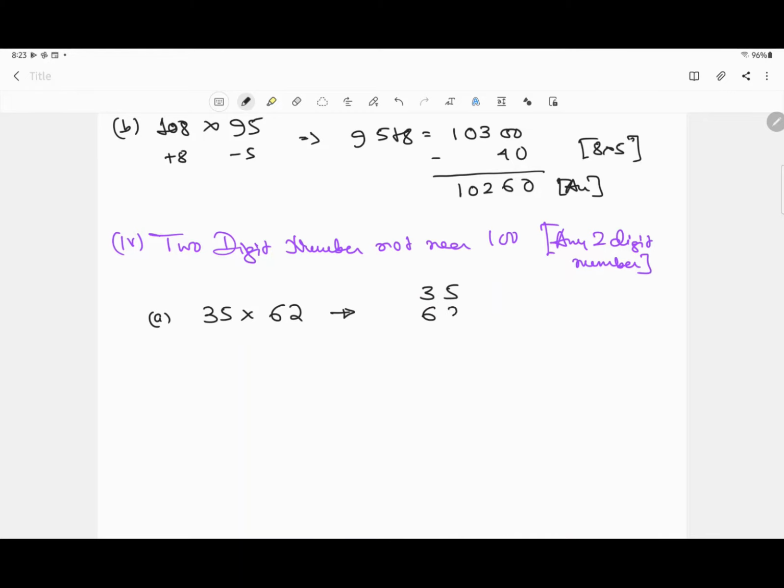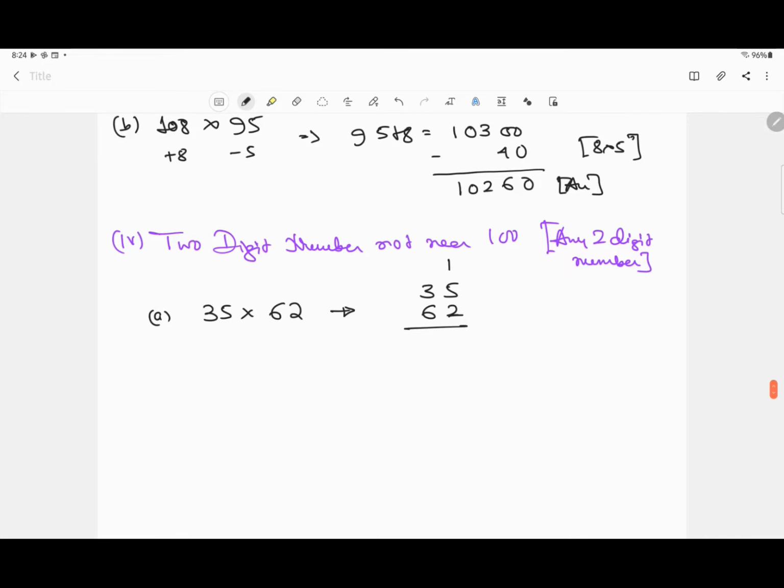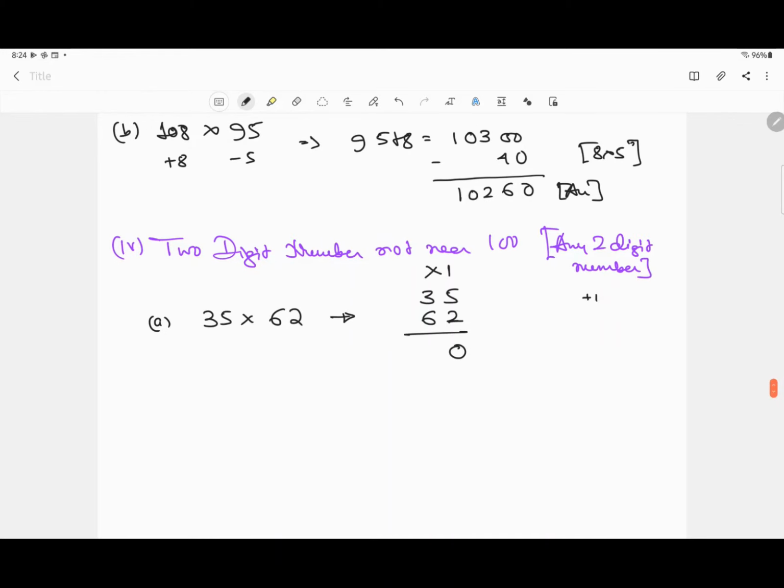So, it is a straight vertical line. Okay. So, vertical manner means we will start from right and we will move to left. So, it is 5 into 2, that is 10, we will put 0 and carry 1. Okay. Then we will do a cross, that is 3 into 2 plus 6 into 5. So, 3 into 2 is 6 and 6 into 5 is 30.